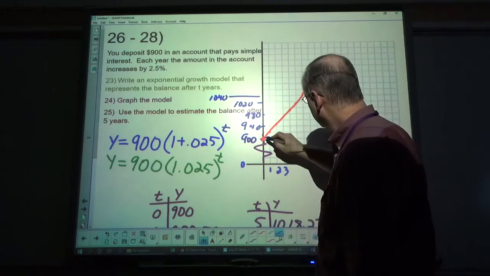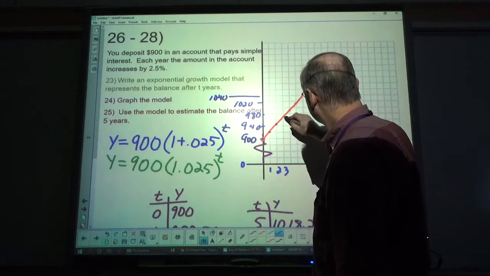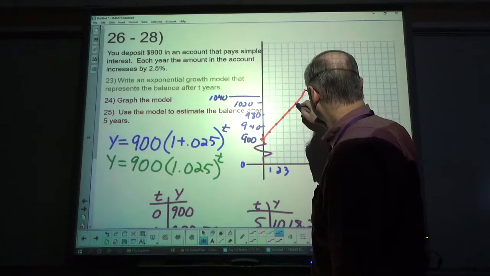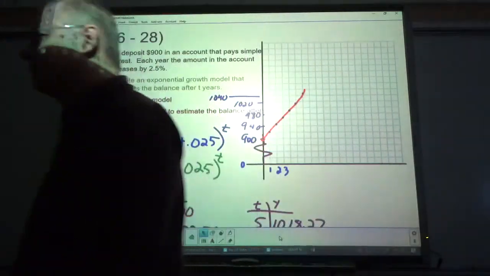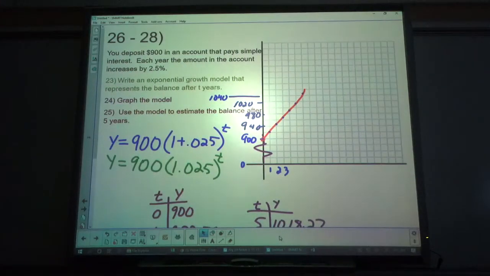And I probably should have put dots over these. It is a bit of a curve. If we looked at it on Desmos, I think you'd see the curve eventually show up there.